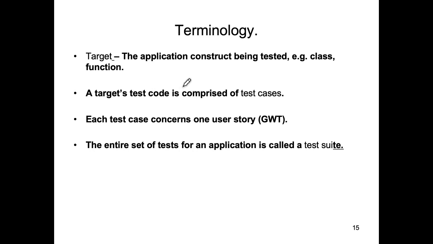And going back to our given when then, each test case is related to one given when then statement, which we call our user stories. So roughly each it block relates to one user story, which is one given when then text. The entire set of tests for an application is called a test suite. Okay, so that's just terminology. Target, test cases, test suite.